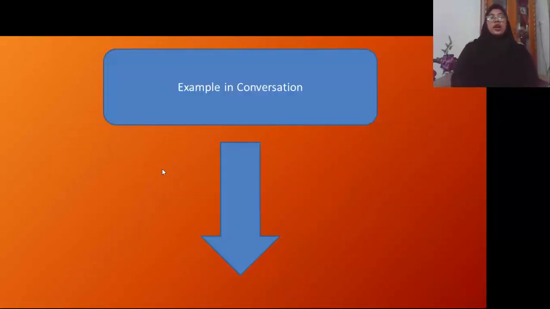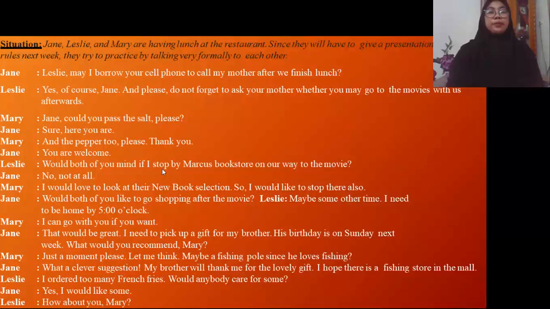Here I have an example conversation based on our model. There are three people here: Jane, Leslie, and Mary. Their conversation is formal. The situation: Jane, Leslie, and Mary are having lunch at the restaurant.